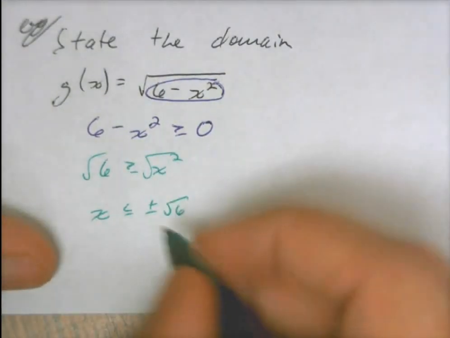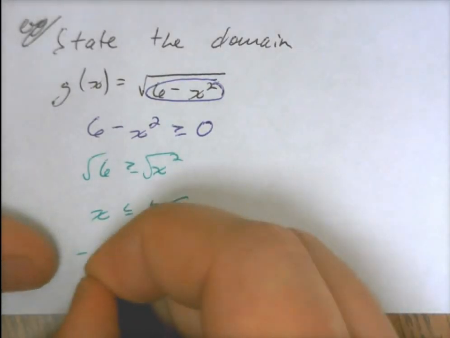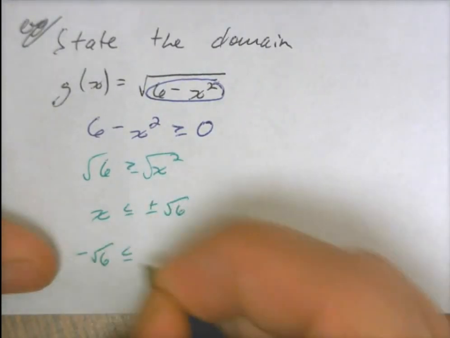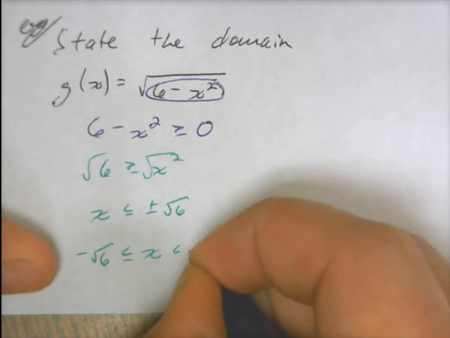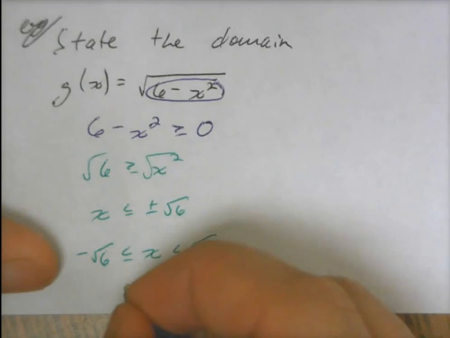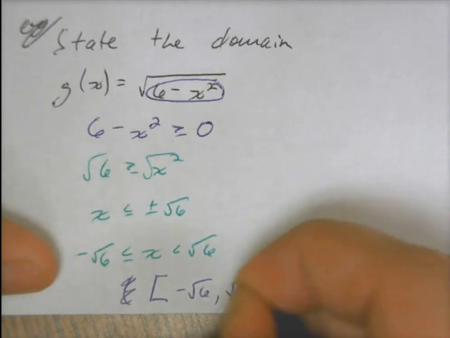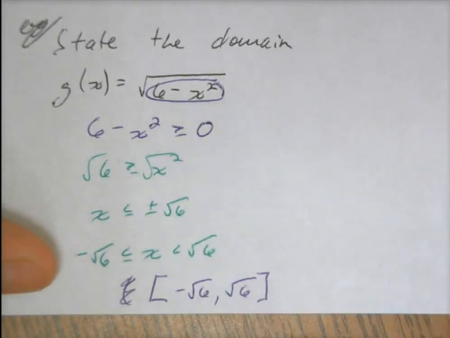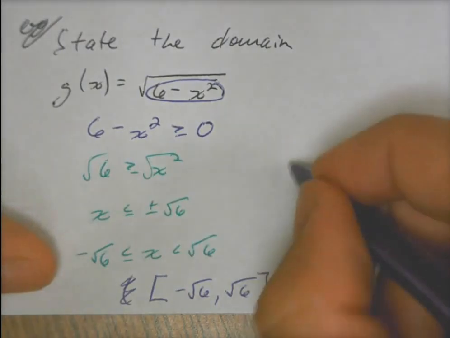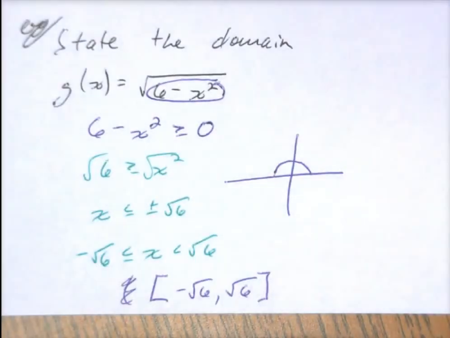But really, when you think about that, it needs to be between negative square root 6 and square root 6. So what that tells us about our domain is that it must go from, oh, I'm sorry, that should be a bracket, negative square root 6 to square root 6. If you look at a picture, it will look something like this. So hopefully that totally makes sense.